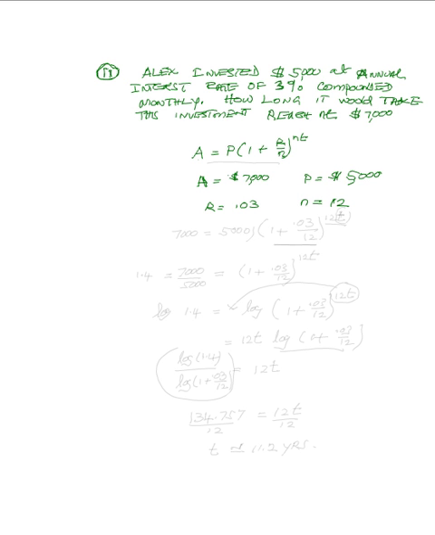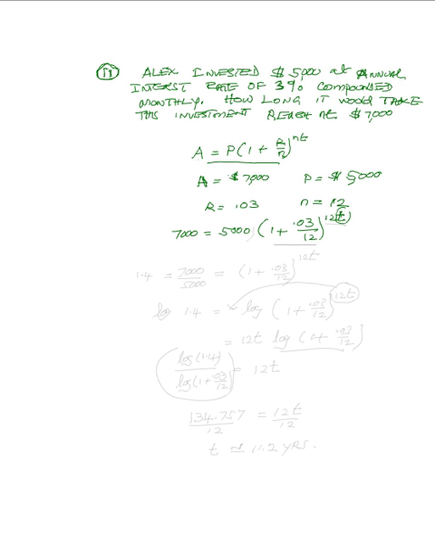So if you look at this formula here, we know everything except the t. So let's plug in those numbers: 7,000 equals 5,000 times 1 plus 0.03 divided by 12, to the power 12t. Now, the only unknown that we would like to solve for is this t.